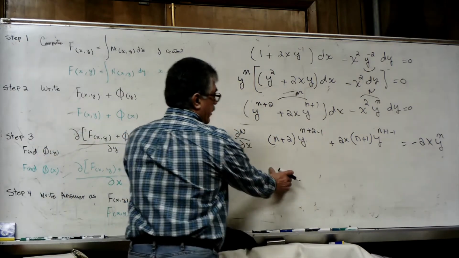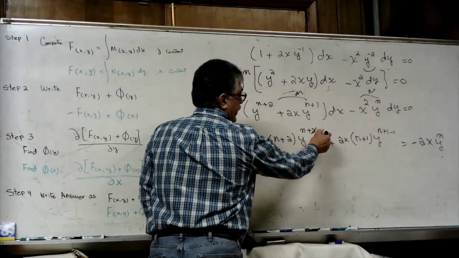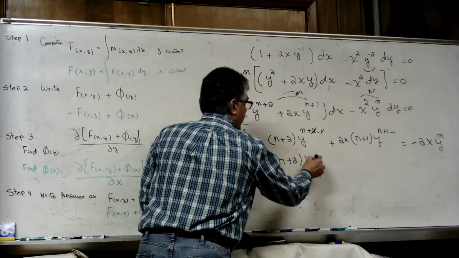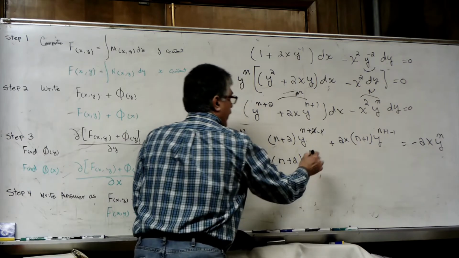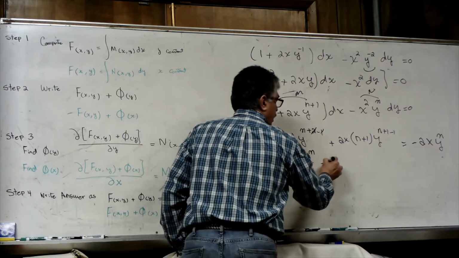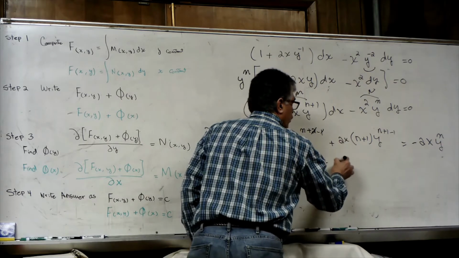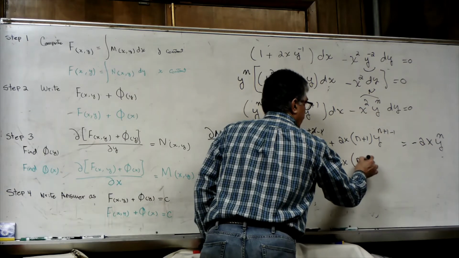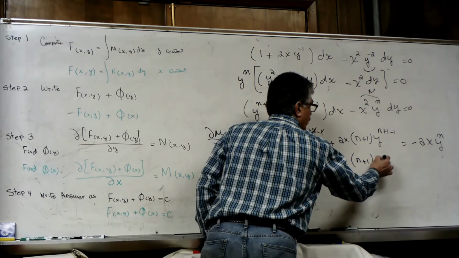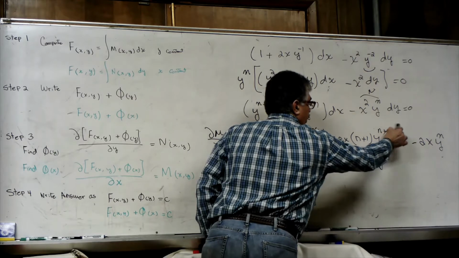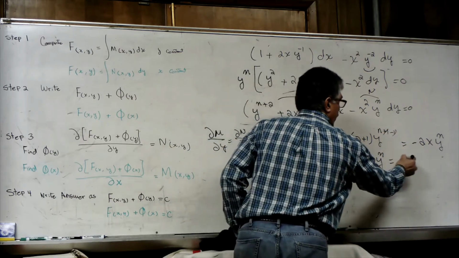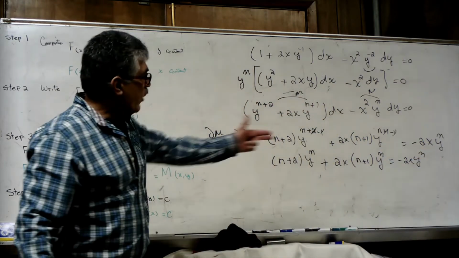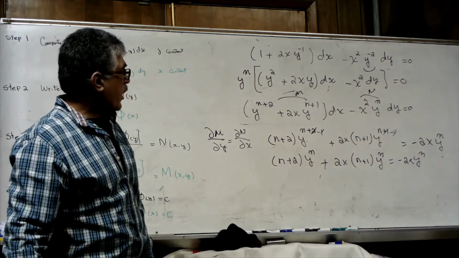So here, 2 minus 1 is 1, so we are going to have n plus 2 times y to the power n, plus 2x times n plus 1 times y to the power n, since 1 minus 1 is 0, equal to minus 2xy to the power n.